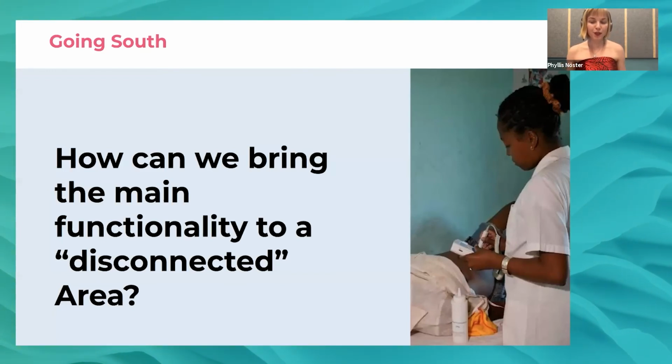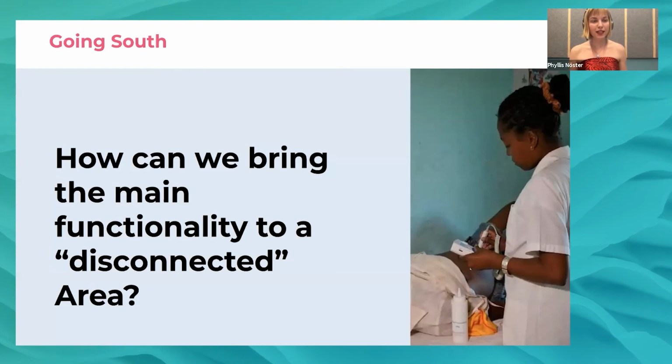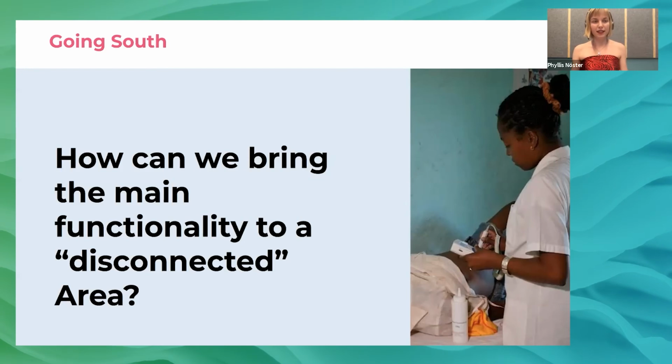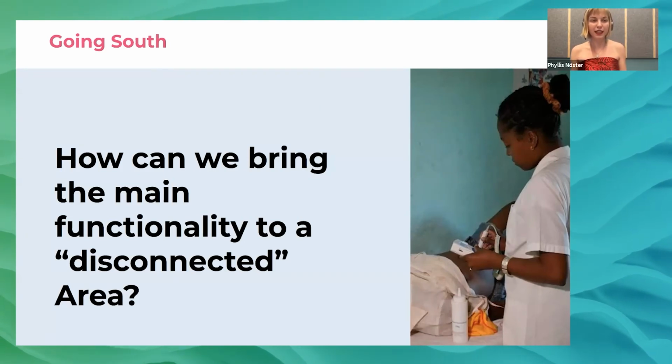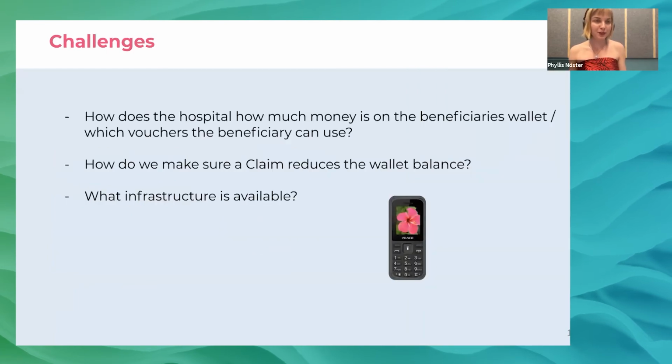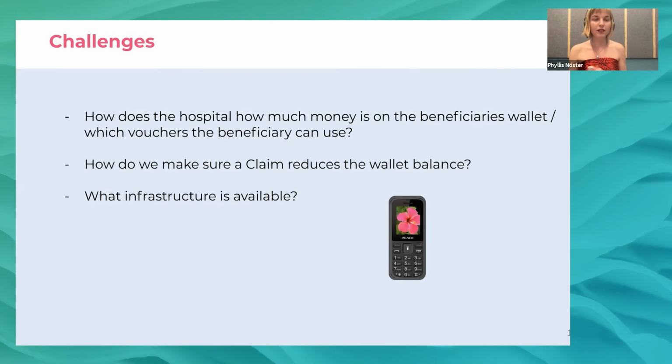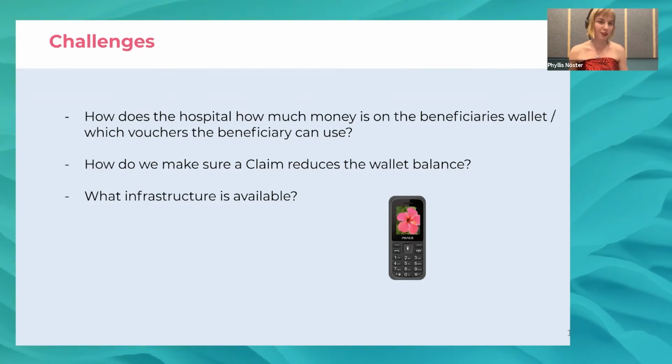So before Christine was explaining how the claim flow works to you, and with the tablet, you always still needed internet connection in order to file a claim, to retrieve data from our backend. And as we were planning to go south, we had to think about how can we bring our application offline as well, the application that healthcare providers are using.